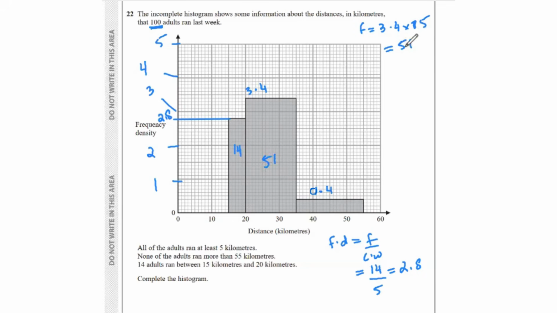So this is 51. And for this one, the frequency would be 0.4 times 20, which is the class width. That's 8. So for the frequency of the first bar, we do 100 minus 51 minus 14 minus 8, and that gives us 27.